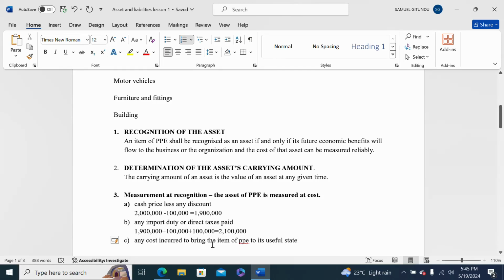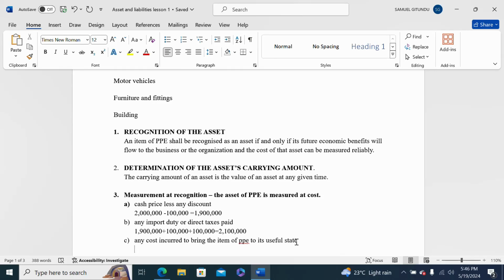Any cost incurred in bringing the item to its useful state is also another element of the cost which is measured at recognition. So these costs include installation costs, professional costs. For example, if you have bought this machinery and you invite a professional to install the machinery in your organization so that it can start working as expected, then that professional obviously is going to charge you installation cost. He also charges you his professional fee.